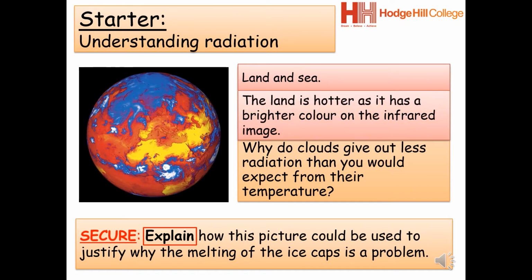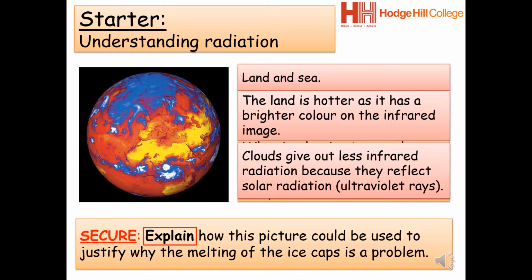And the land is hotter as it has a brighter color on the infrared image. Now, why do clouds give out less radiation than you would expect from their temperature? Well, clouds give out less infrared radiation because they reflect solar radiation, which is ultraviolet rays.